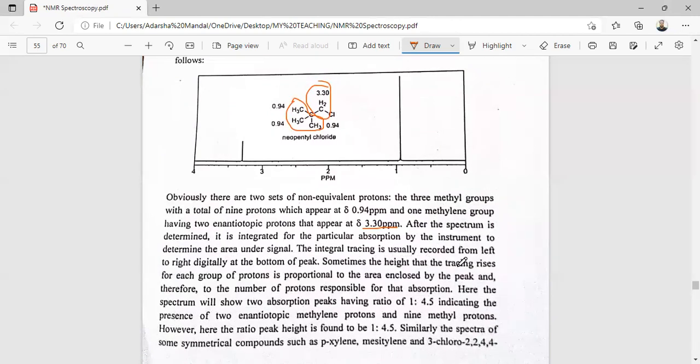The height that the tracing rises for each group of protons is proportional to the area enclosed by the peak, and therefore to the number of protons responsible for the absorption. Hence, here the spectrum will show two absorption peaks having the ratio 1:4.5, indicating the presence of 2 methylene protons and 9 methyl protons.